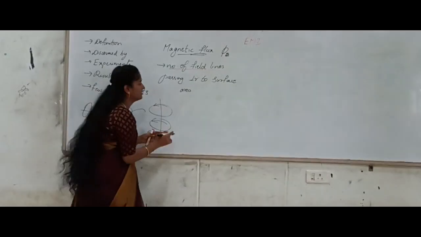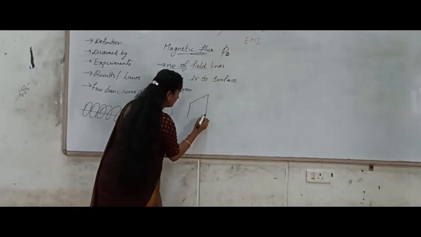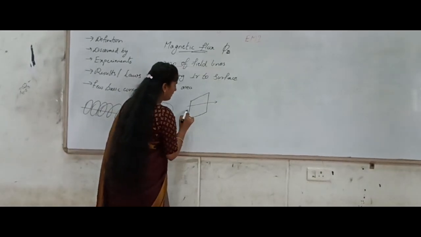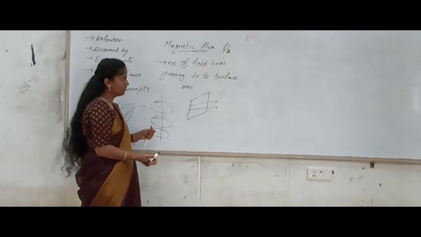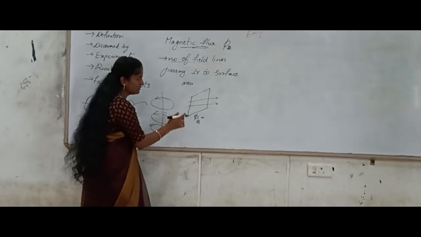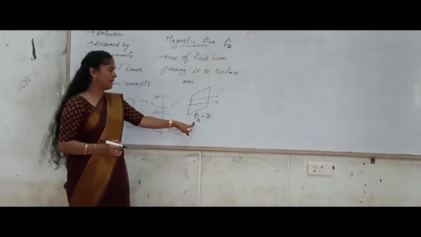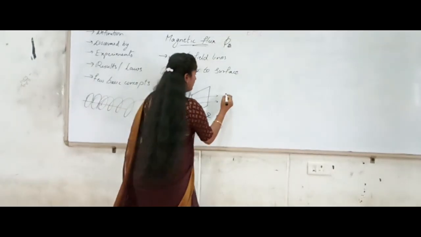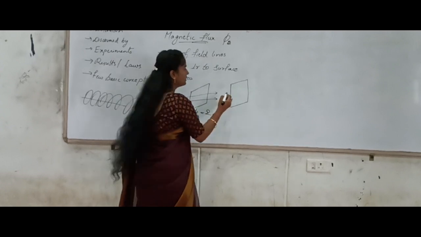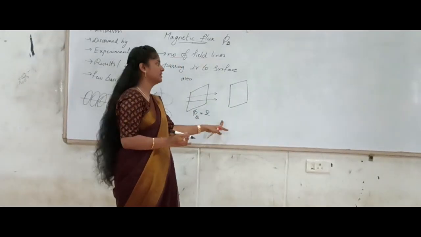Let's take an example. Here it's some surface and magnetic field lines are passing perpendicularly to this area. The number of field lines is 2, so the magnetic flux is 2. Let's take the same surface and here we take a strong magnetic field.